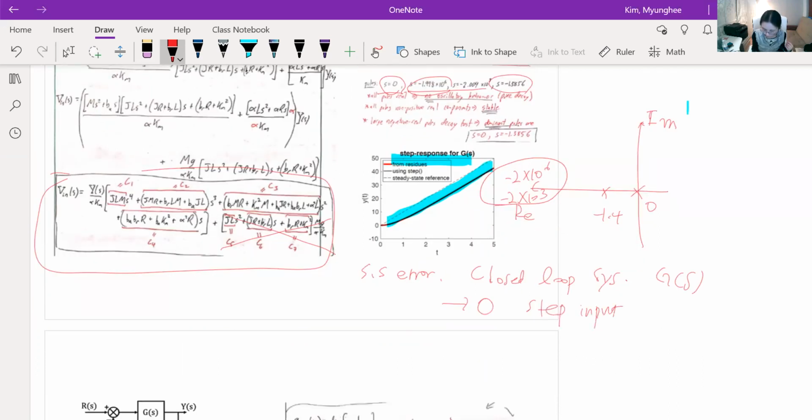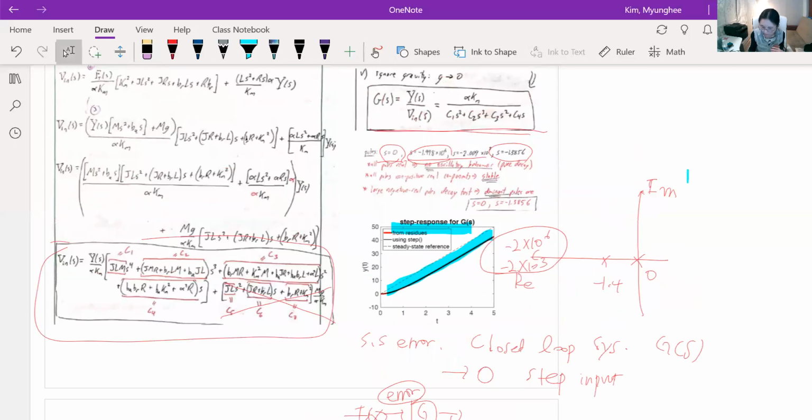If you look at the error here, the error will approach 0 because there is one free integrator, like this, almost.